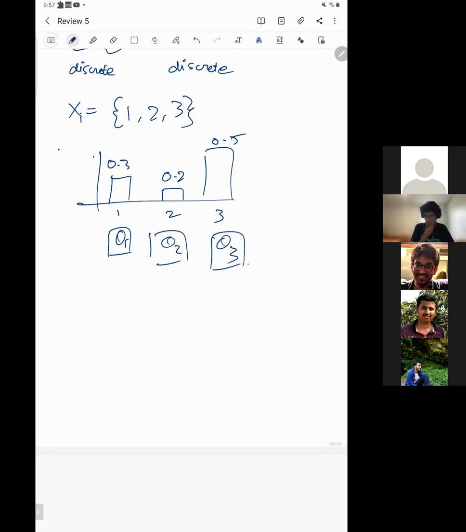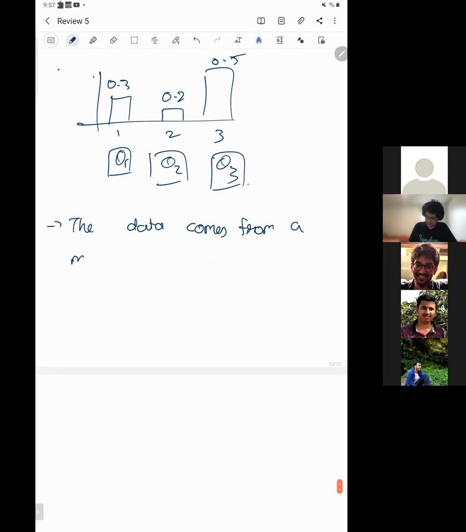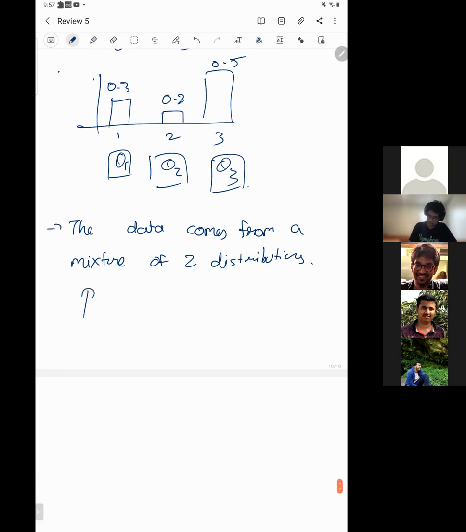Since the EM algorithm mainly helps with latent variables, let's say we know the data comes from a mixture of two distributions, P1 of xi and P2 of xi.